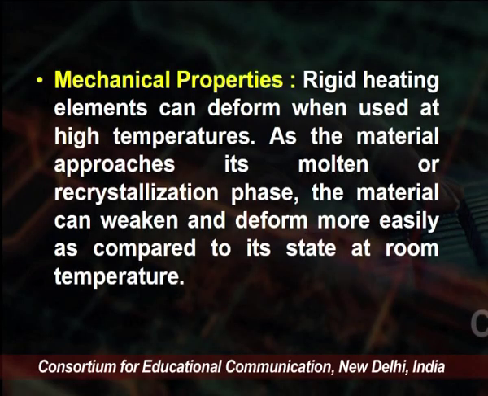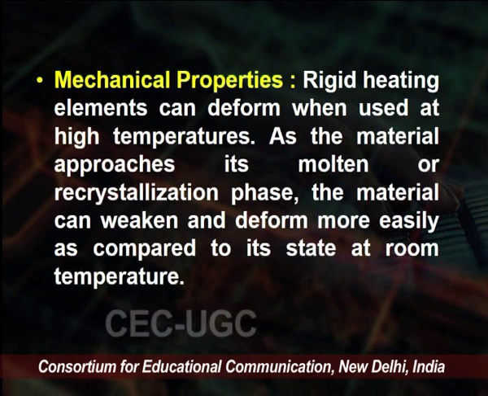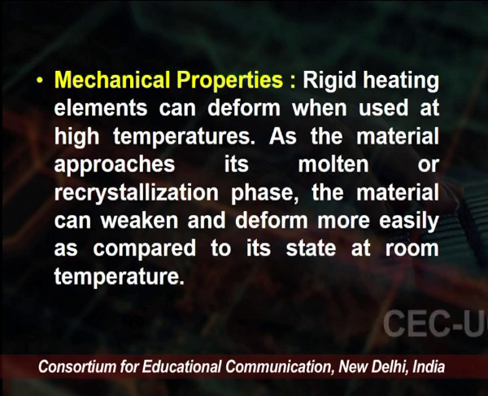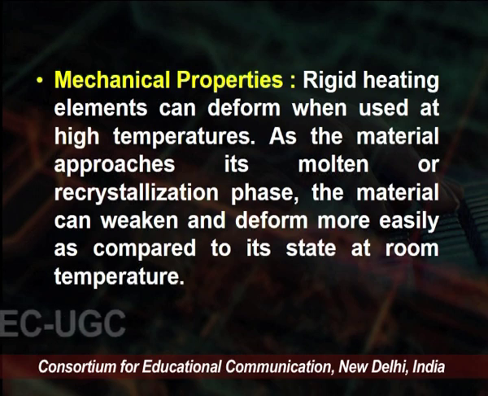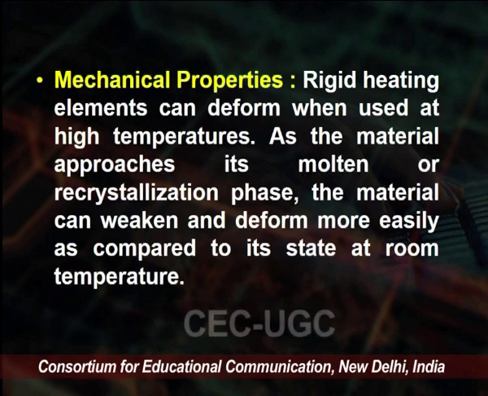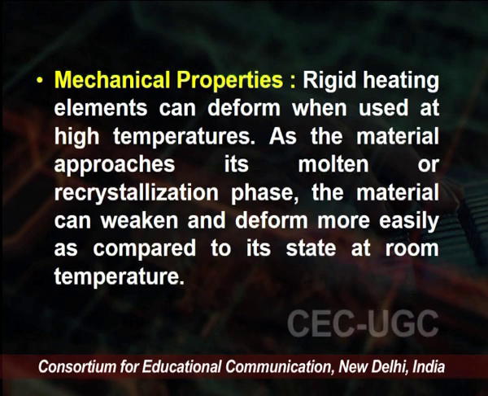Another property is the mechanical property. Rigid heating elements can deform when used at high temperature. As the temperature of the heating element changes, if it is a high temperature, deformation will be created if it is a rigid heating material.